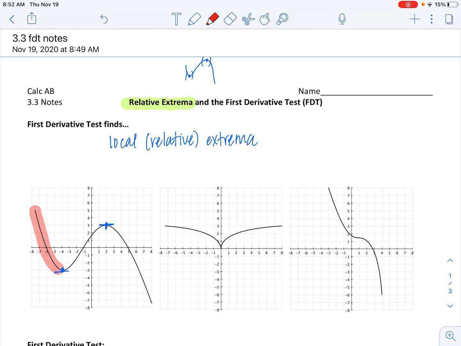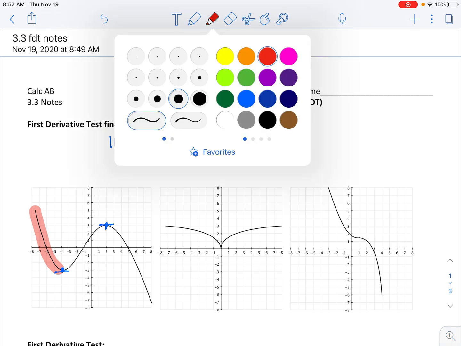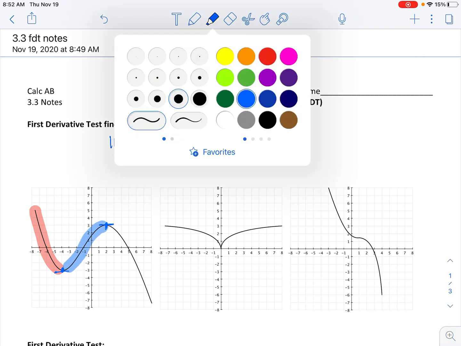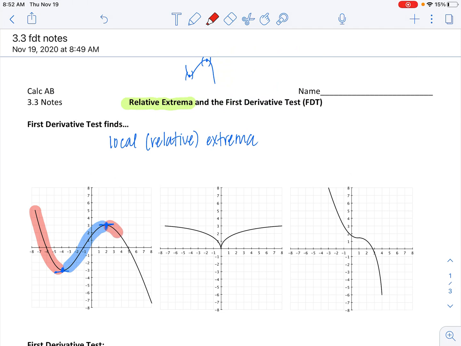And then after that critical number, we switch to increasing. And then we switch from increasing at that critical number, that high point, to decreasing.